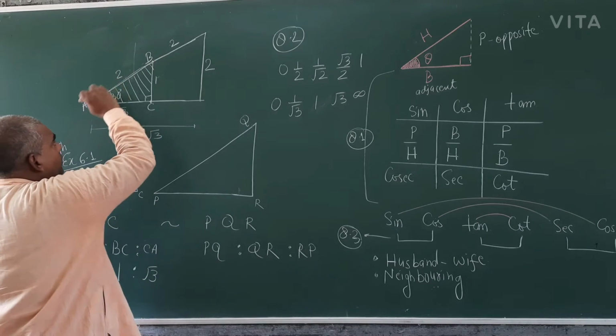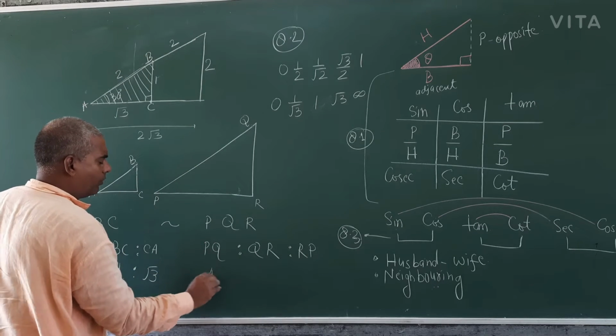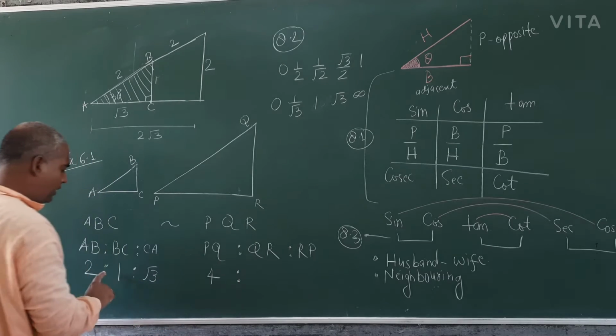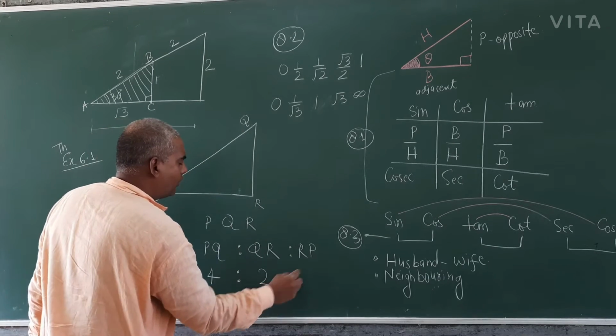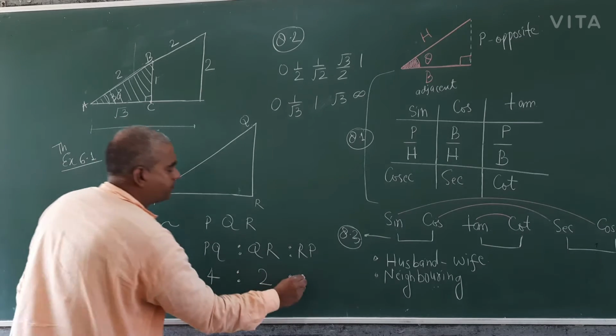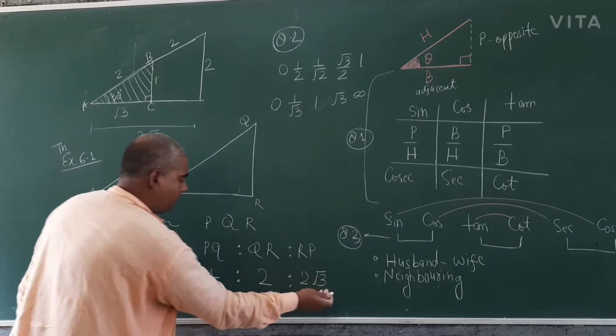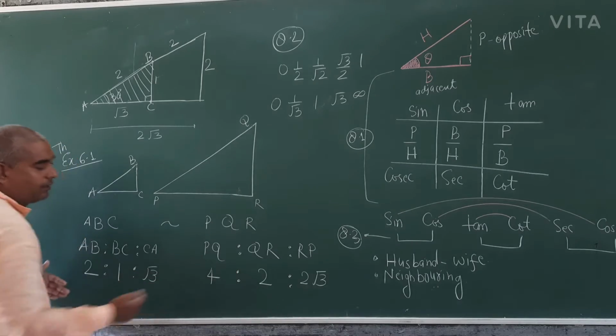So this 2 has now become 4, and the ratio is 4, 2, root 3. So you can see everything is doubled here.